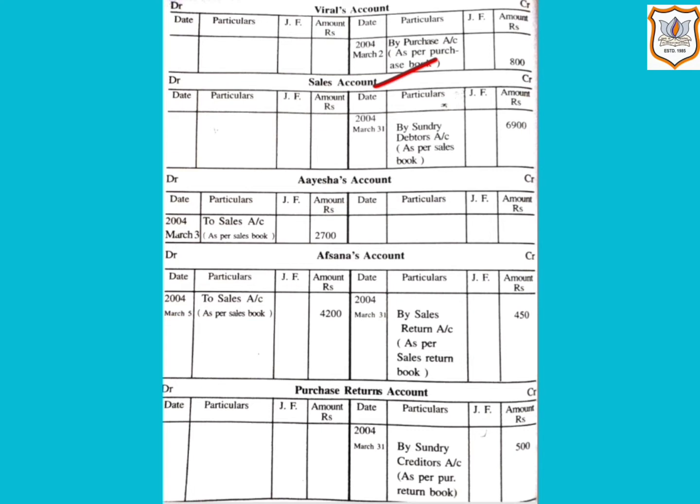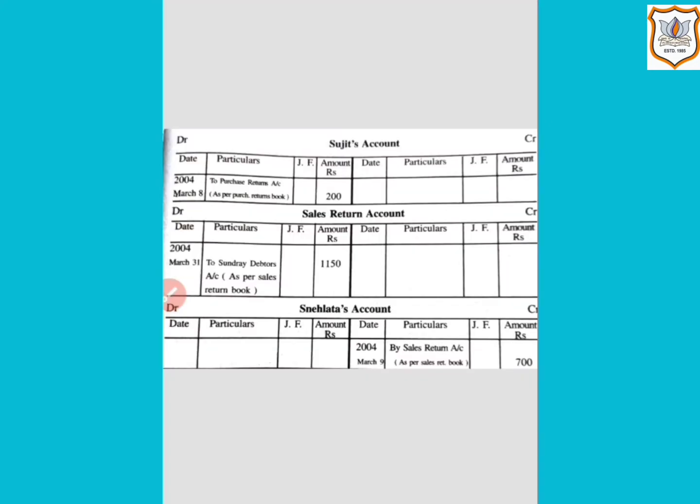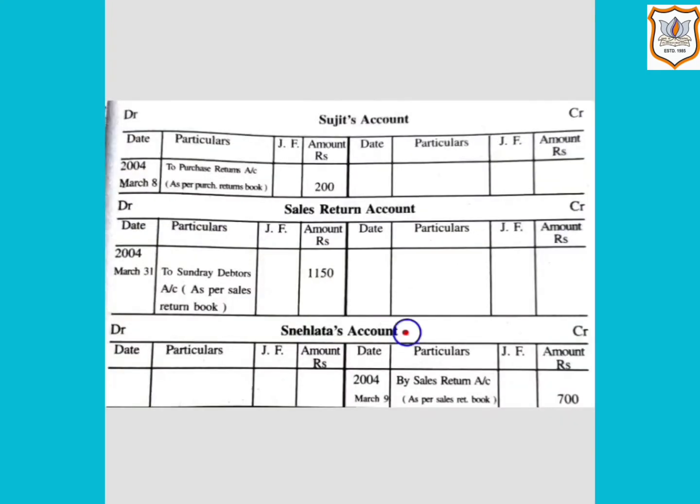Then the accounts of all customers which are shown in the sales book are opened, that is Aisha's account, Afsana's account. Then we will open the purchase return account. Then after that Sujit's account. Here it is. Then the sales return account will be opened. Then Snehata's account will be opened.